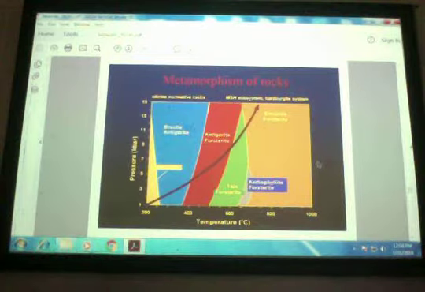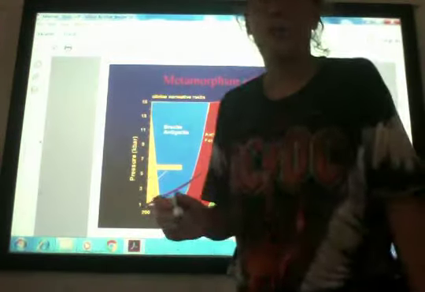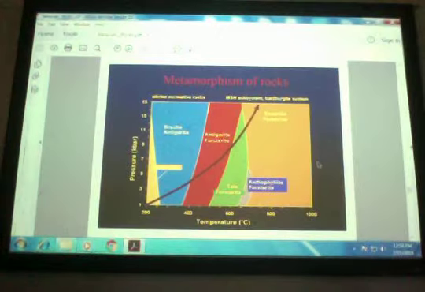So now we have here the sodium, and then we are putting here magnesium, magnesium, iron, iron.